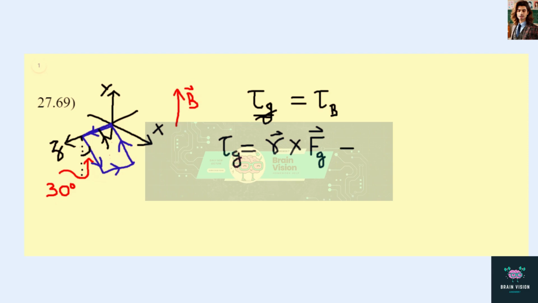Another way to write the cross product is the magnitude of this vector r times the magnitude of the force due to gravity times sine of theta, where theta is the angle between the force due to gravity and this vector r.